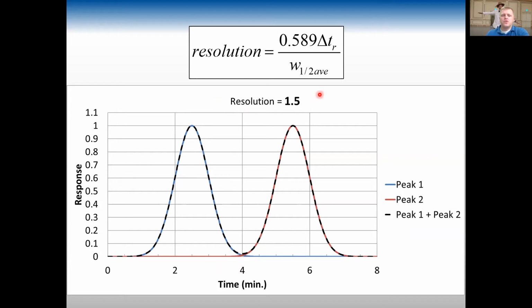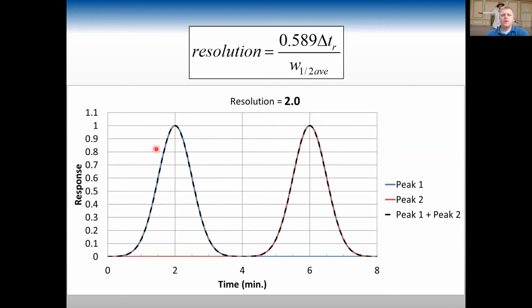Usually what you do is just report the resolution that you have for two peaks or a peak that you're trying to analyze, and then let people decide for themselves how much to trust your data. Then if you get to a resolution of 2.0, this is where you actually start getting your baseline resolution, where you get the baseline in between your two peaks.